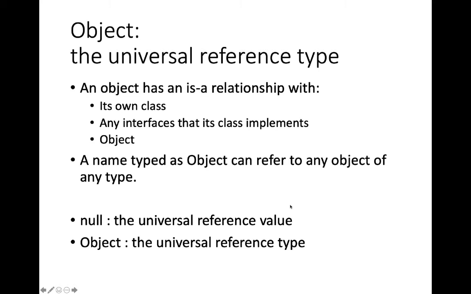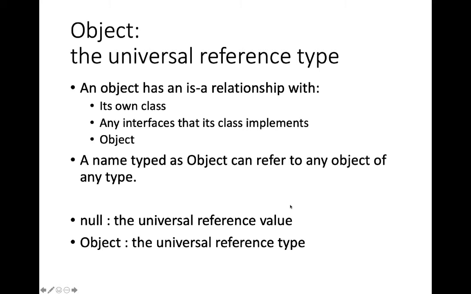That's obvious, right? Two, any interfaces that the class implements, and of course, any of their parent interfaces and so on and so forth. That's what we just talked about. But it also has an is-a relationship with Object with a big O. So Object with a big O is a special class that every object has an is-a relationship with.